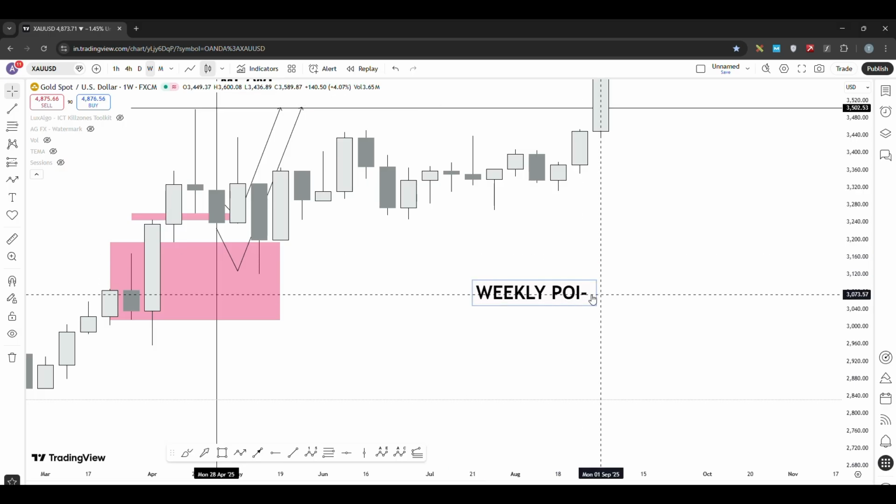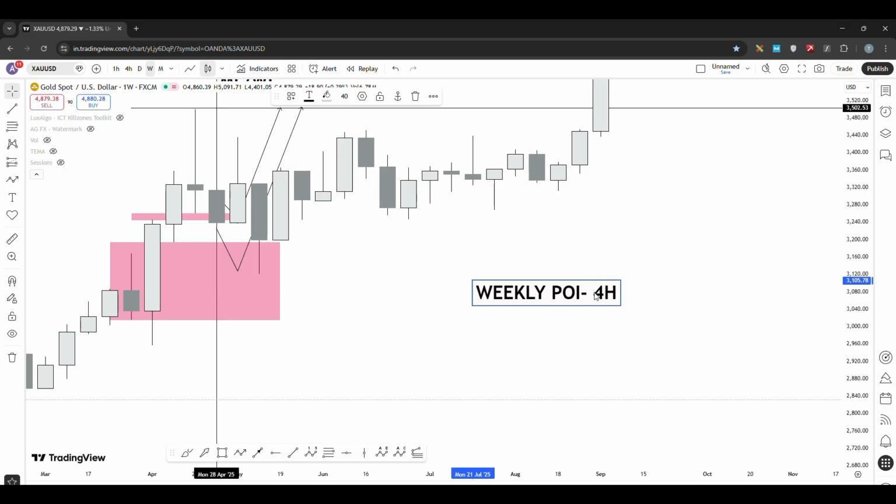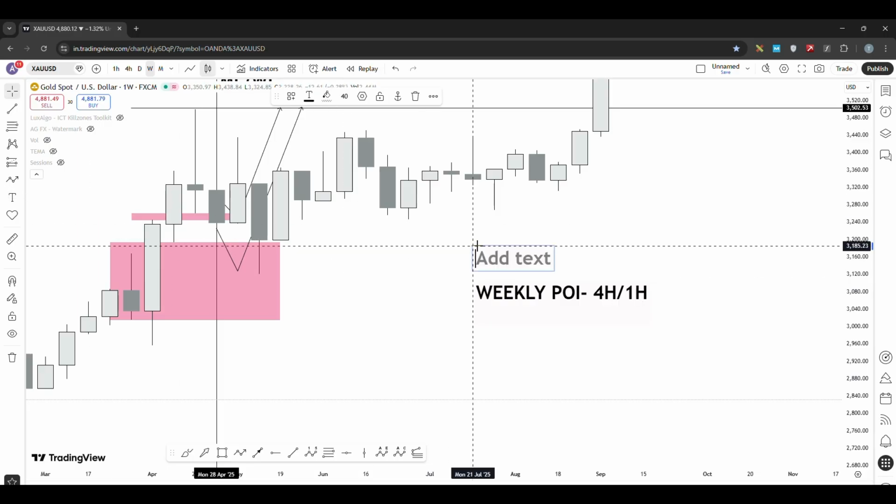let's say, in the 4-hour time frame. Or you can go to one time frame lower, and this is where you will look for displacement, or you can say you can look for your entry. Now this is called time frame alignment.